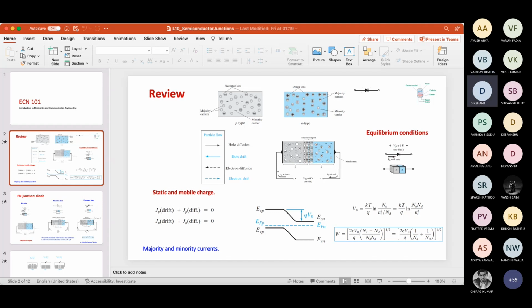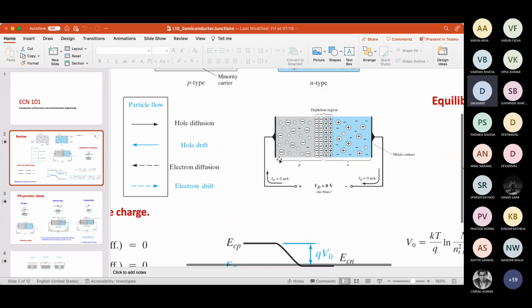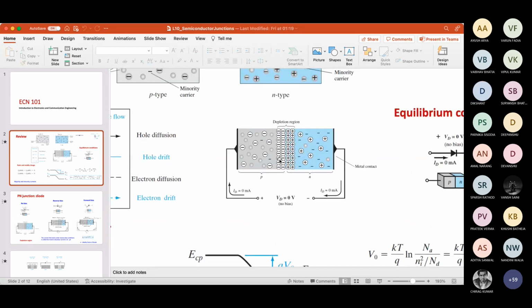Sir, I was asking why the contact potential will be such that the net potential will then become zero. So, the thing is that if you put any material in contact with a p-type semiconductor, let's say a metal, it will make a junction.